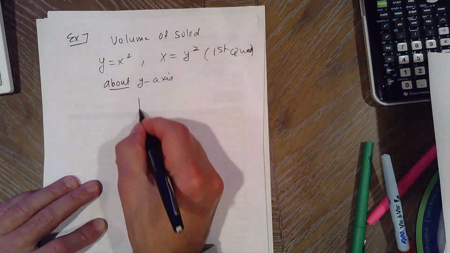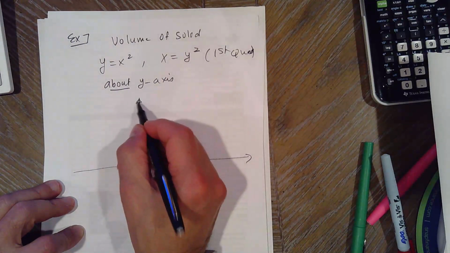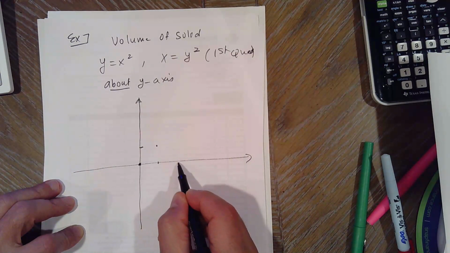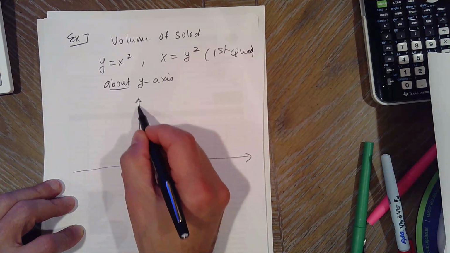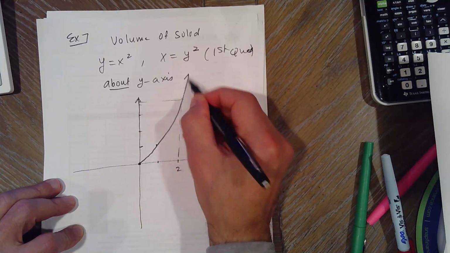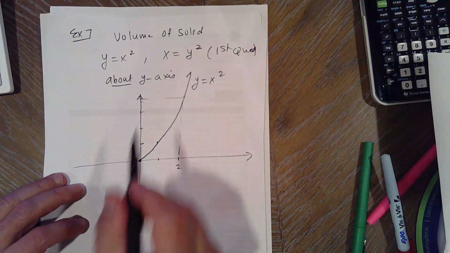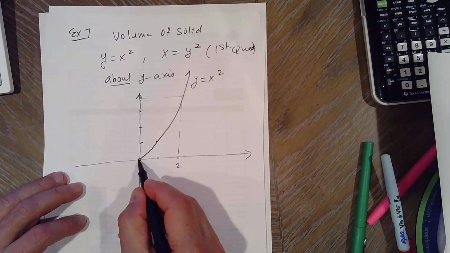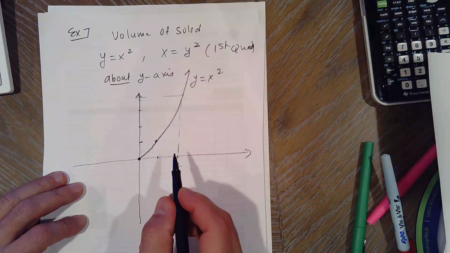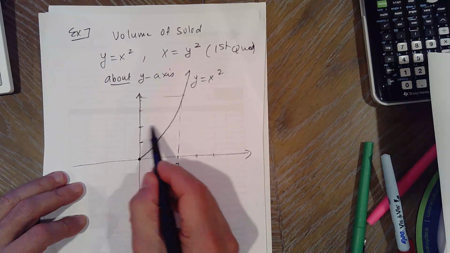So y equals x squared in the first quadrant, and x equals y squared in the first quadrant. When y is 0, x is 0. When y is 1, x is 1. When y is 2, x is 4.